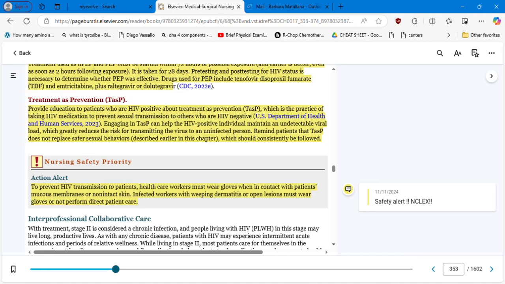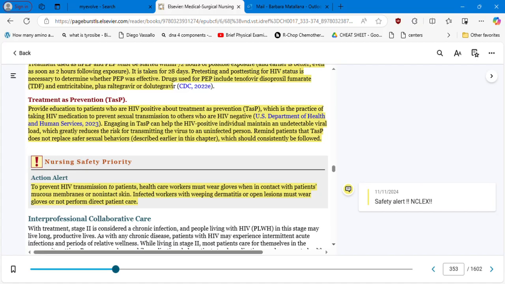which is the practice of taking the medication to prevent sexual transmission to others who are HIV negative. Engaging in TASP, treatment as prevention, can help the HIV positive individual maintain an undetectable viral load, which greatly reduces the risk of transmitting the virus to an uninfected person.